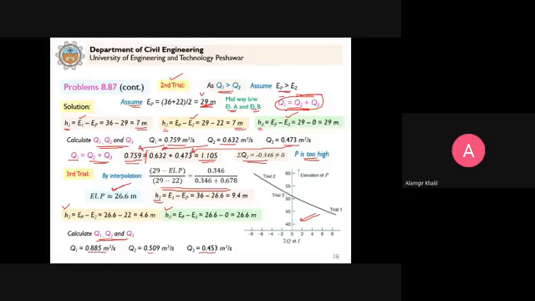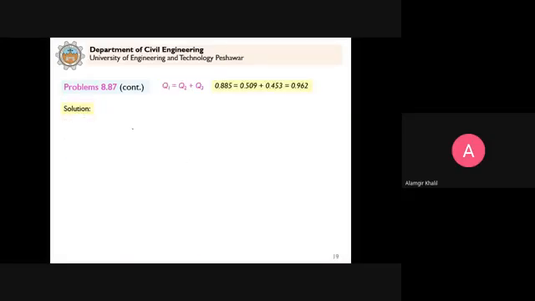Now we apply the continuity equation. Clear? So the continuity equation is that Q1 should be equal to Q2 plus Q3. So when we add, you can see Q1 is 0.885 and Q2 plus Q3 comes out to be 0.962.